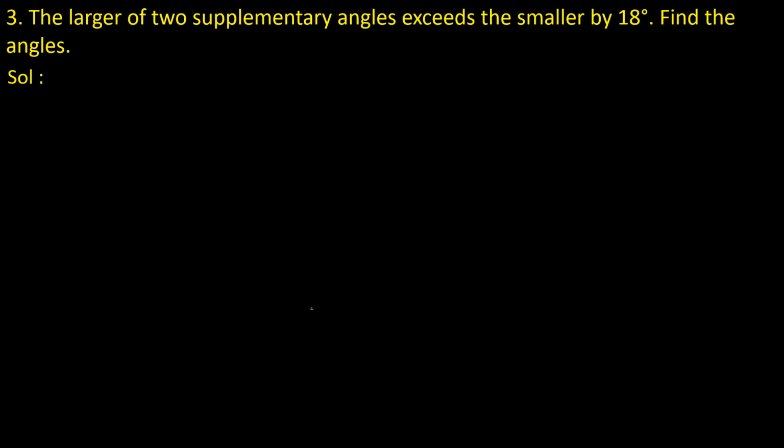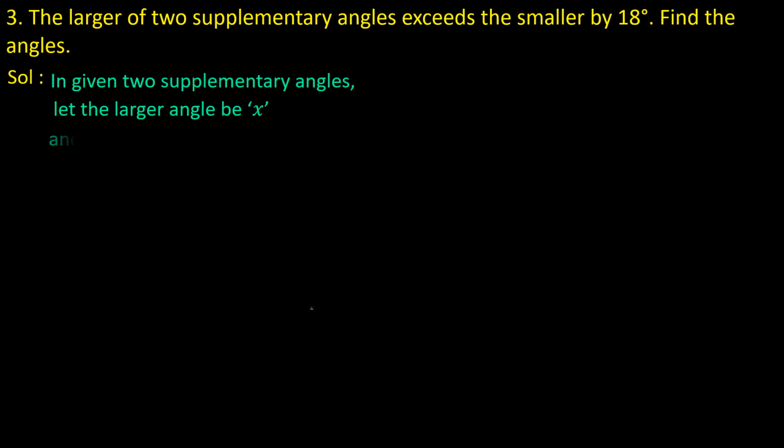So here we have two hints. One is the sum of the angles is 180 degrees, and the other is the larger angle exceeds the smaller by 18 degrees. In the given two supplementary angles, let the larger angle be x degrees and the smaller angle be y degrees.